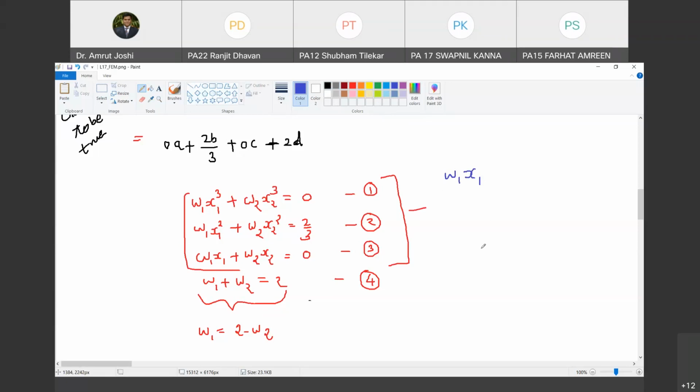Are you with me? Yes, sir. Then what else can we do? If I take W1 x1 as the unknown and x1 and x2 as n, I am now going to concentrate on these 2 equations. Are you with me? Yes, sir.